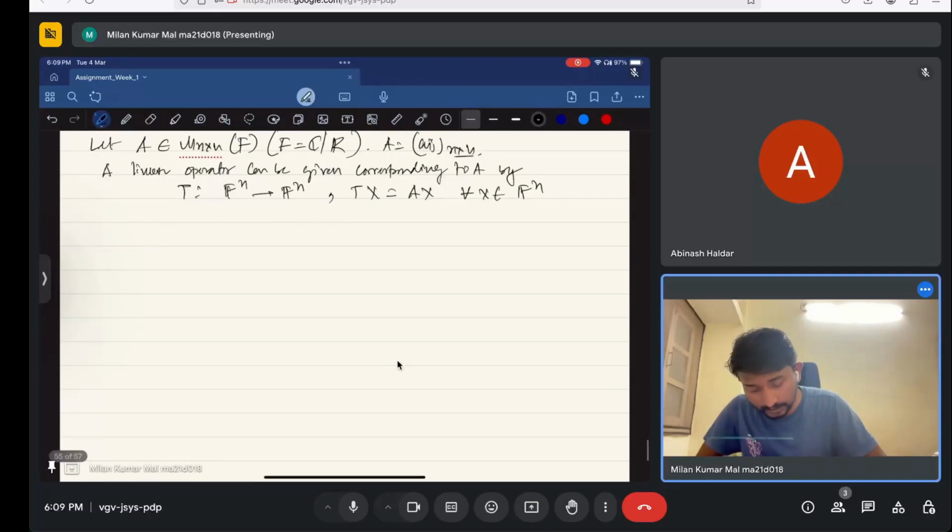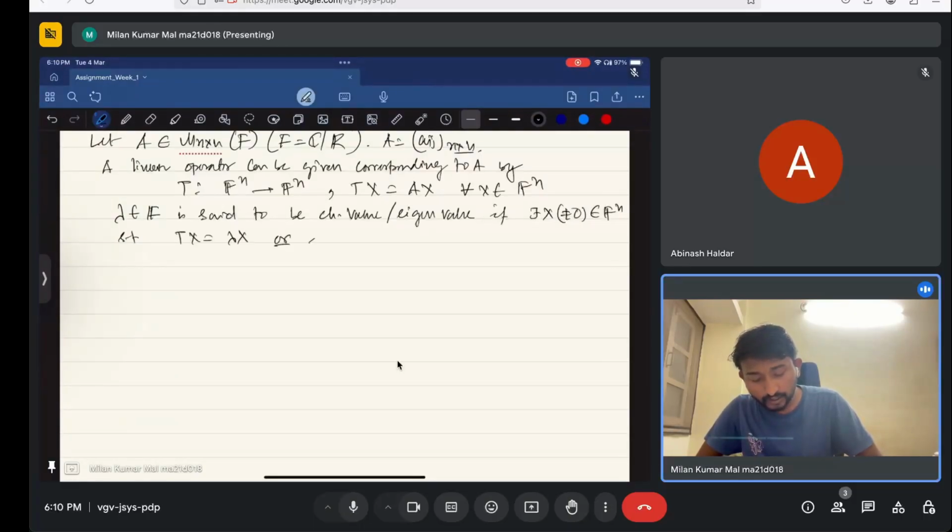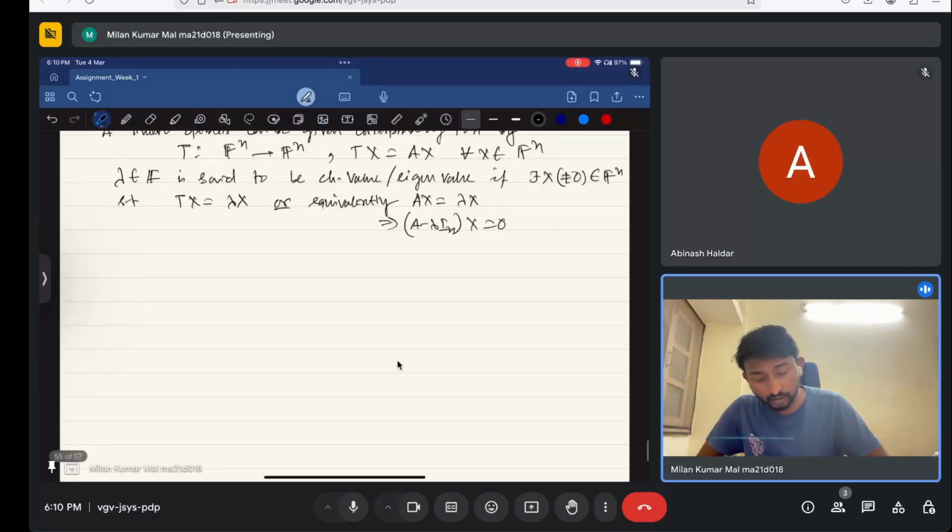So we have already discussed that lambda belonging to the field F is said to be a characteristic value or eigenvalue if there exists a non-zero vector x in F^n such that Tx = lambda x, or equivalently Ax = lambda x, that is (A - lambda I)x = 0, which holds if and only if A - lambda I is singular, or not one-one.